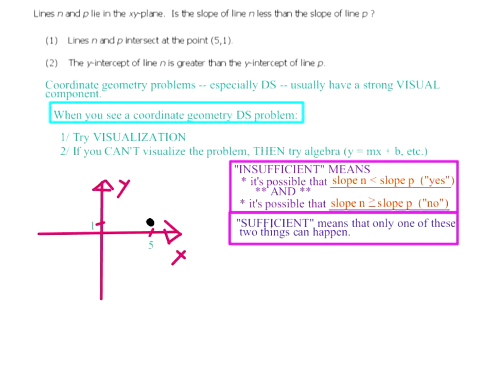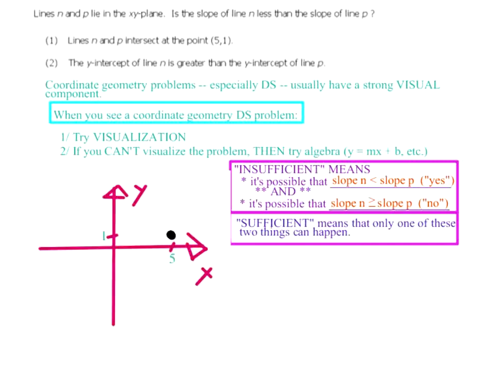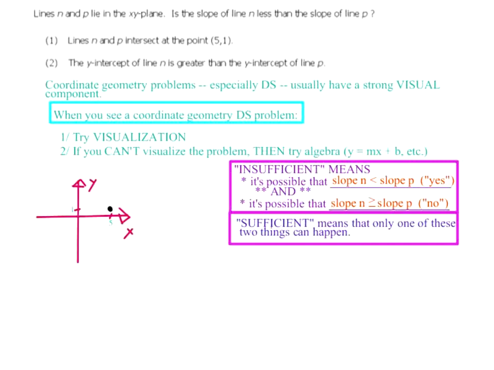If you have lines M and P intersecting at 5, 1, let's make a couple of copies of that picture. It's not very hard to make that happen, but just make sure you understand how that works.